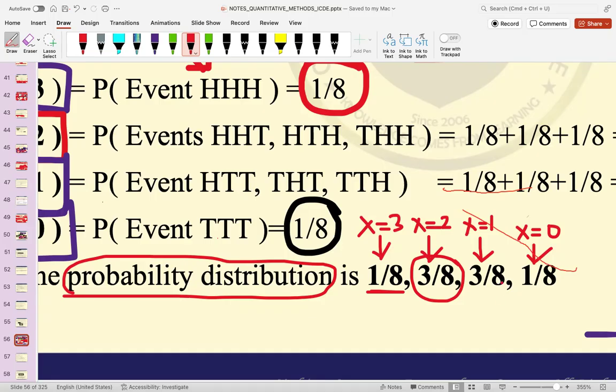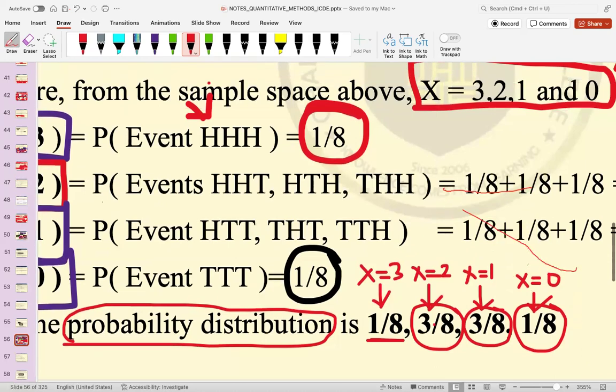And it is easier to see 1 head appearing, because it is 3 out of 8, than to see no head appearing, which is 1 out of 8.